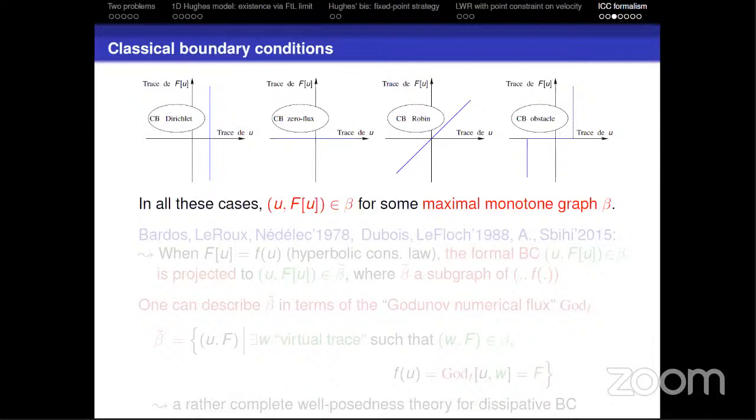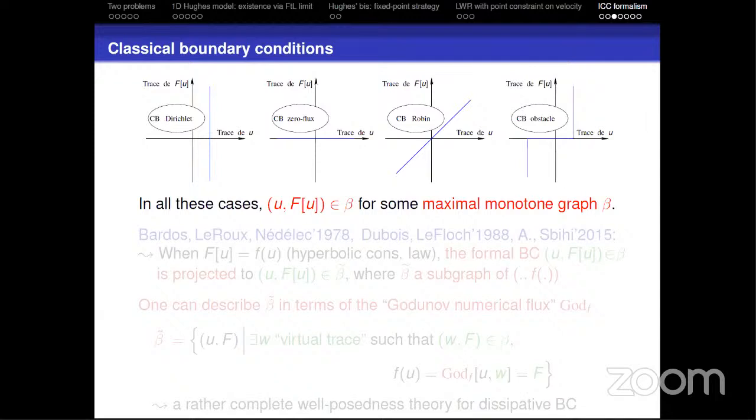So for Dirichlet, trace of u is given and trace of the flux is arbitrary. And for zero flux, the flux is given to 0 and the trace of u is arbitrary, and so on. You find here a maximal monotone graph in all these situations. Monotone, you see what it means. Graph, because it is not necessarily a function, like you can see here. And maximal means you cannot add any single point to this without breaking monotonicity.